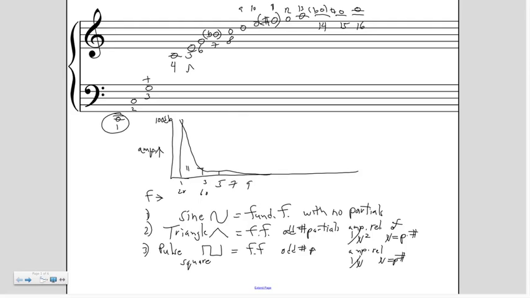If we take 1 over n, 1/3, so the third partial is going to be 60 hertz, but a third of the amplitude of 100 would be 33. So we get a much louder quality of overtone there, and the fifth. So when you add these up, there is much more amplitude in the waveform, so that there's a significant difference in the sound.